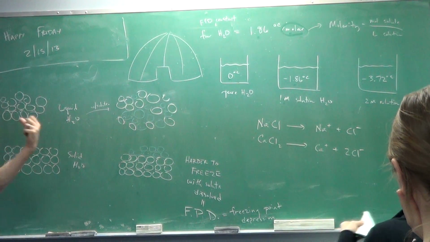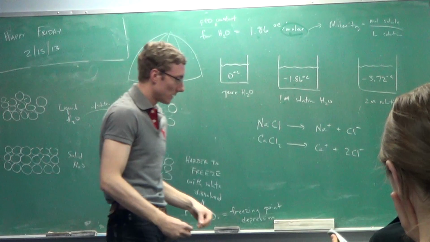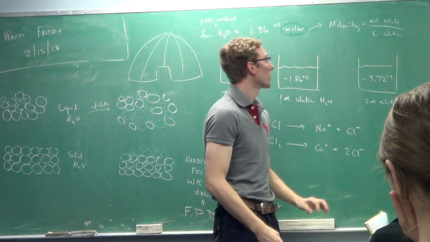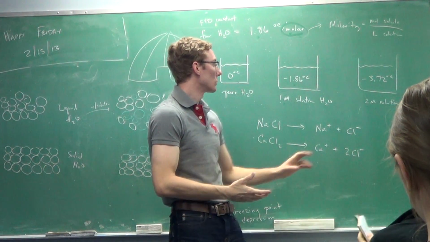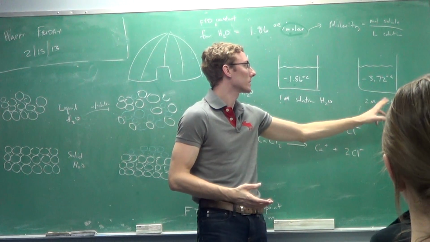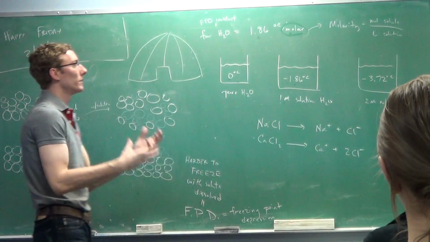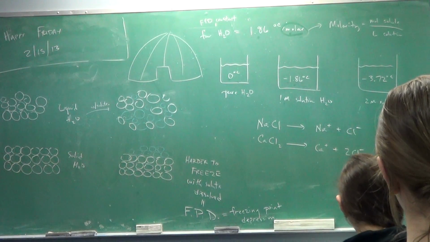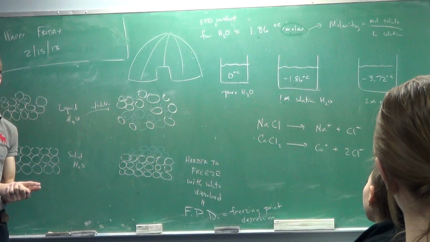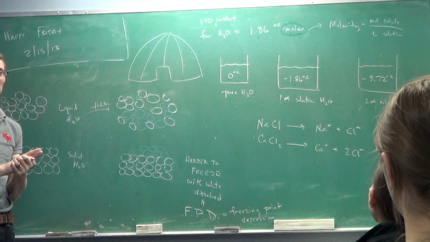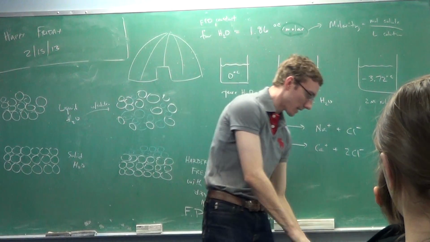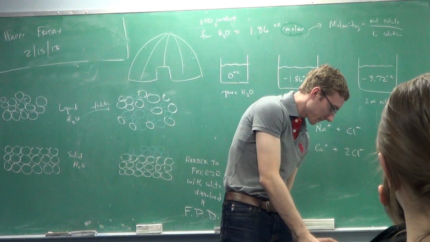More stuff means more dissolved, more concentrated. So 2 molar salt water is going to be saltier to the taste, saltier to the effect of making it harder to freeze as well. Does this make sense? Good. That's a big idea.